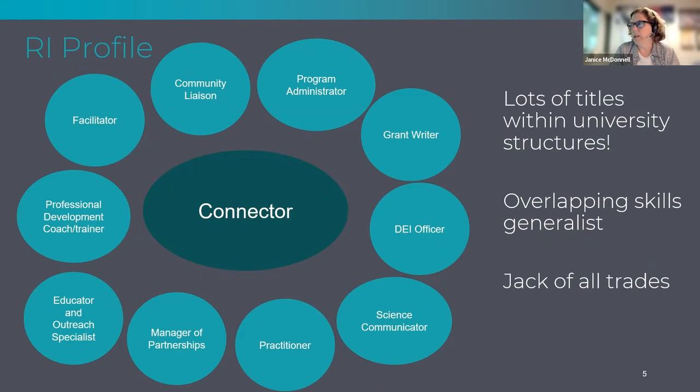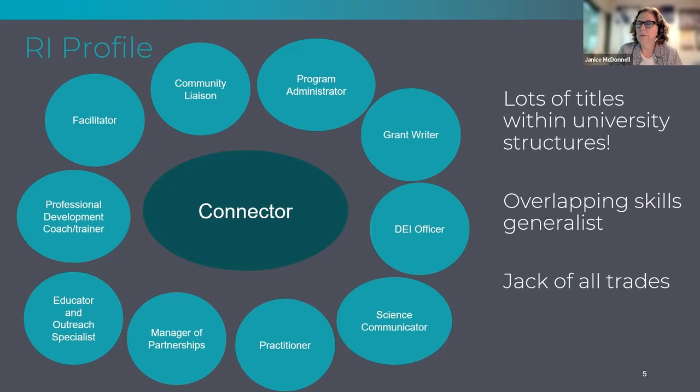Many of us are generalists, or what I like to say, jacks of all trades, really focused on a variety of different skills, as you can see here in all of these bubbles. But the main one being that we all, I think, universally act as connectors, trying to connect partnerships in productive ways to achieve those different investment areas that you saw in the previous slide.